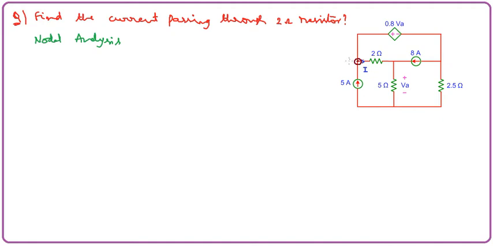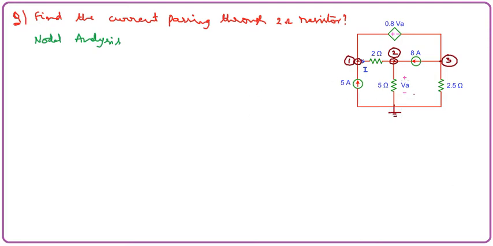Let me call it node 1. This is the second node, node 2, and this is the third node, node 3. Of course this is the fourth node, or we can make it the reference node or the ground node.